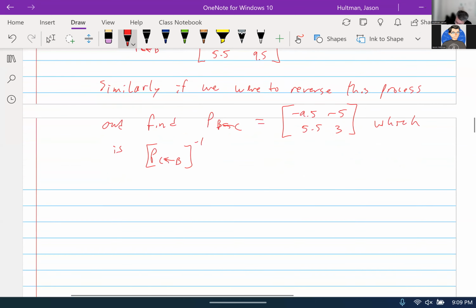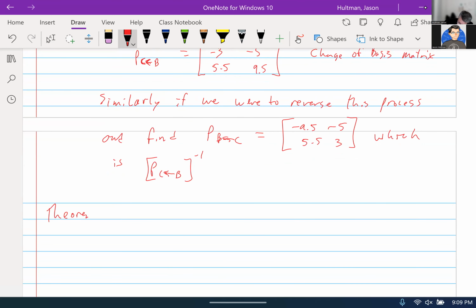So we can write a theorem out of that. Theorem: in general, the matrices P going from B to C and P going from C to B are inverses of each other.